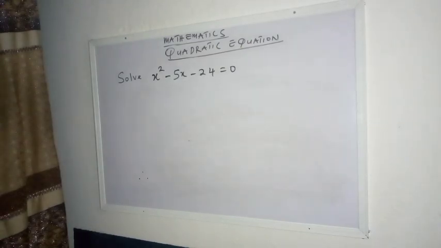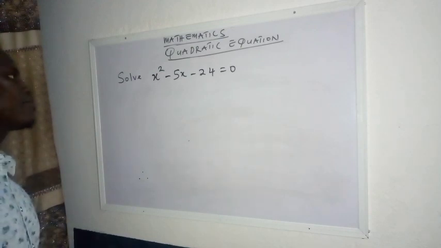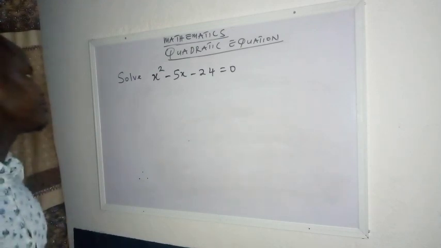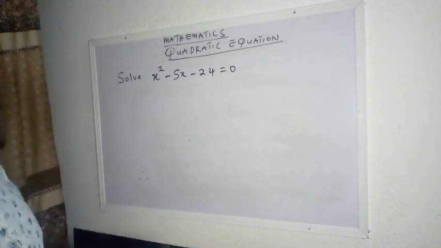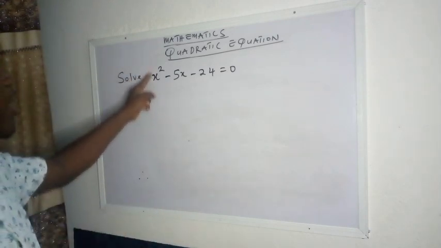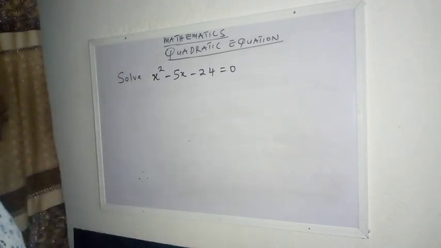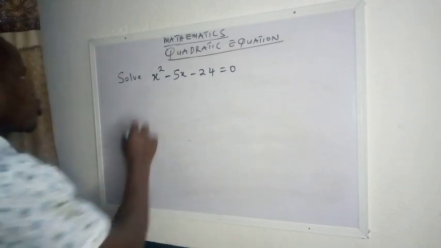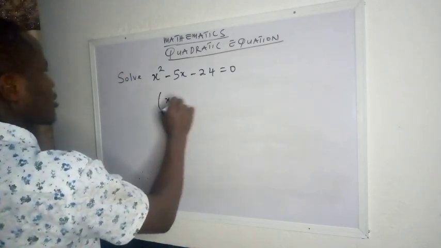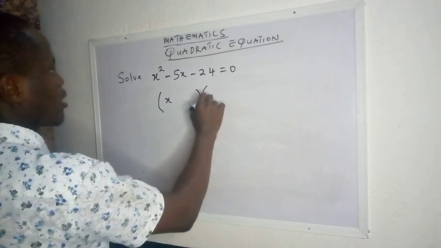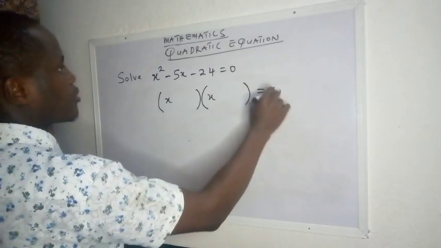Okay, next example. We are going to apply the same principle we applied last time. The coefficient of x squared is 1, so that means our solution would be like this: x equal to 0.